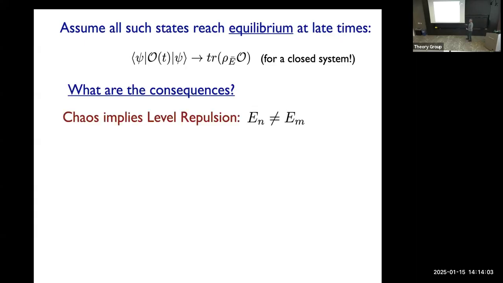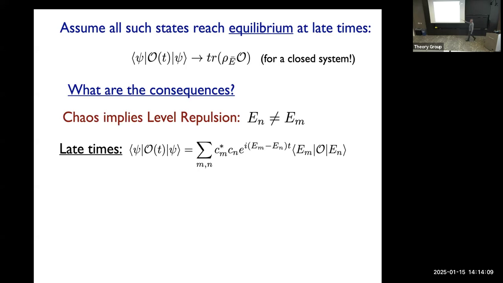And one thing that typical studies in chaos first teach you is that there's energy repulsion. So when you look at this expression that I wrote down, at late times, basically everything where n is not the same as n oscillates away, and you wind up with this expression at long time. And so how is it possible that, independent of the coefficients here, this expression is the same as that expression?